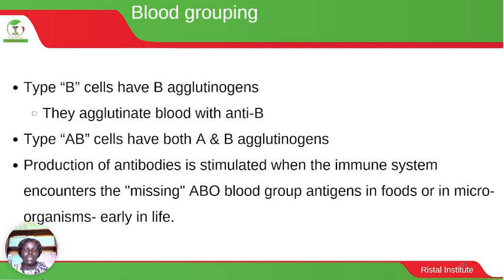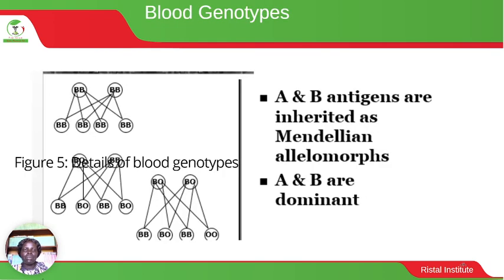Then type AB cells have both A and B agglutinogens. Production of antibodies is stimulated when the immune system encounters the missing ABO blood group antigens in foods or in microorganisms early in life. So early, like I mentioned before, when the person is not exposed to such antigens, with time the body starts reacting to them.